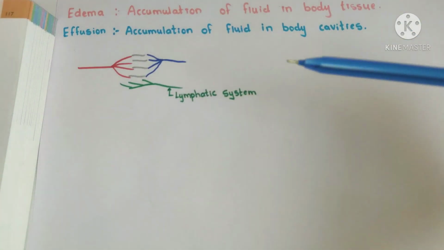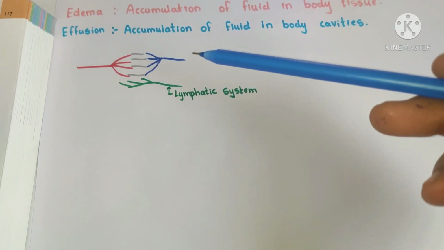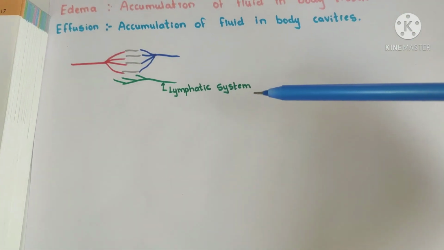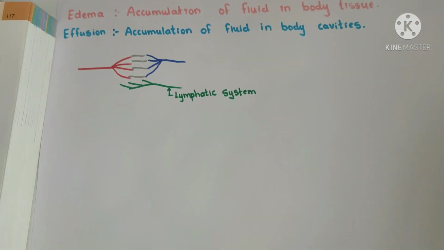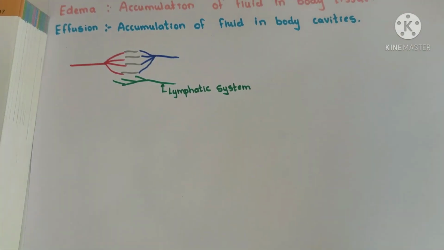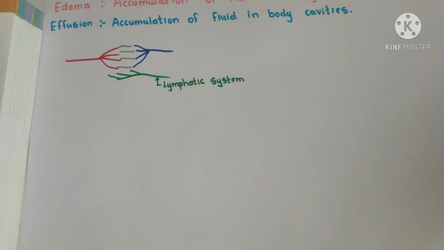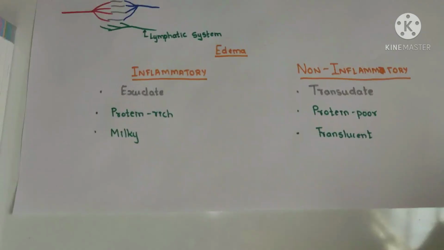So, due to this normal balance between hydrostatic pressure and oncotic pressure, and with the help of the lymphatic system, our tissue is kept dry and gets all nourishment and can give away its waste products. But when this system is disturbed, there occurs edema or effusion.